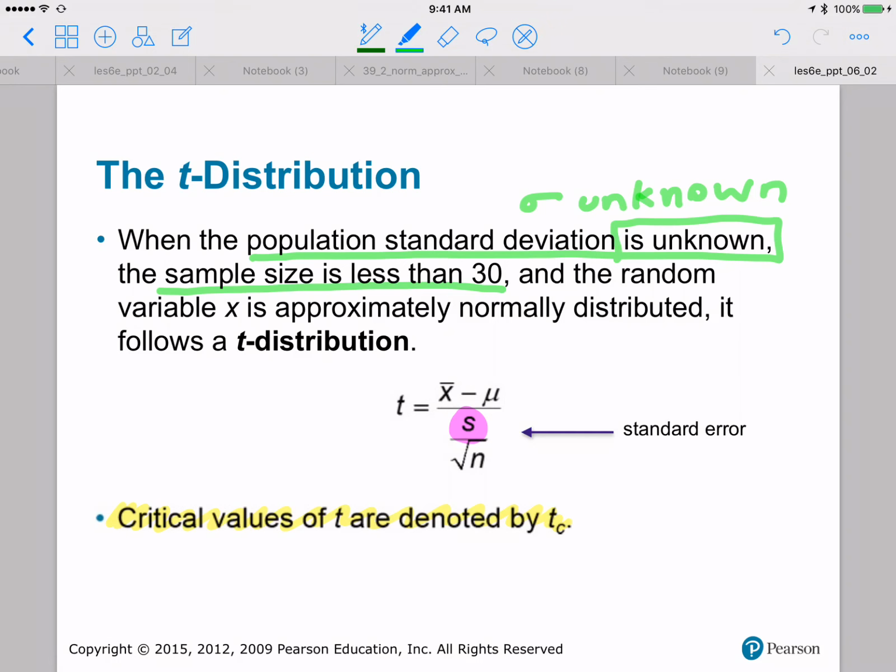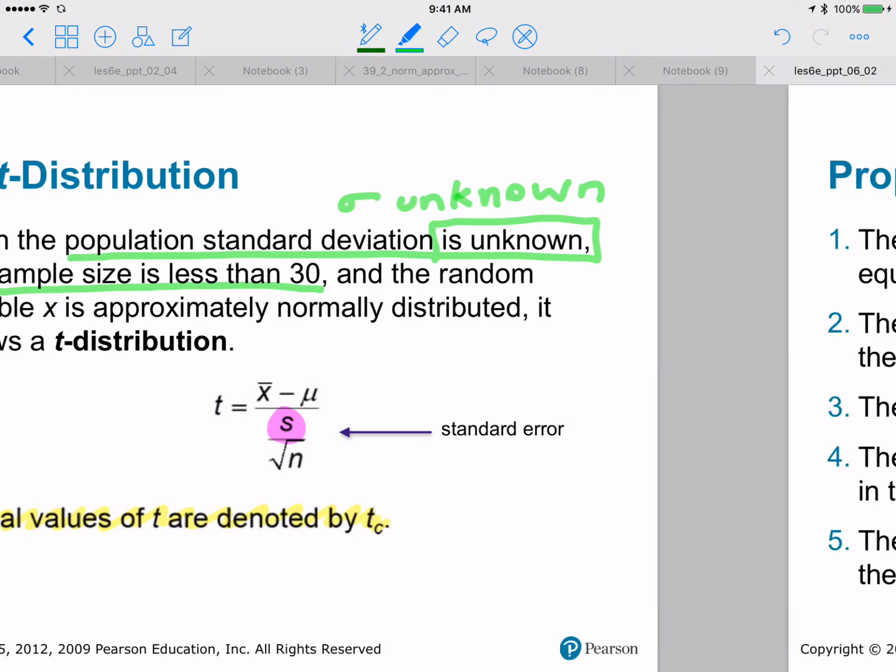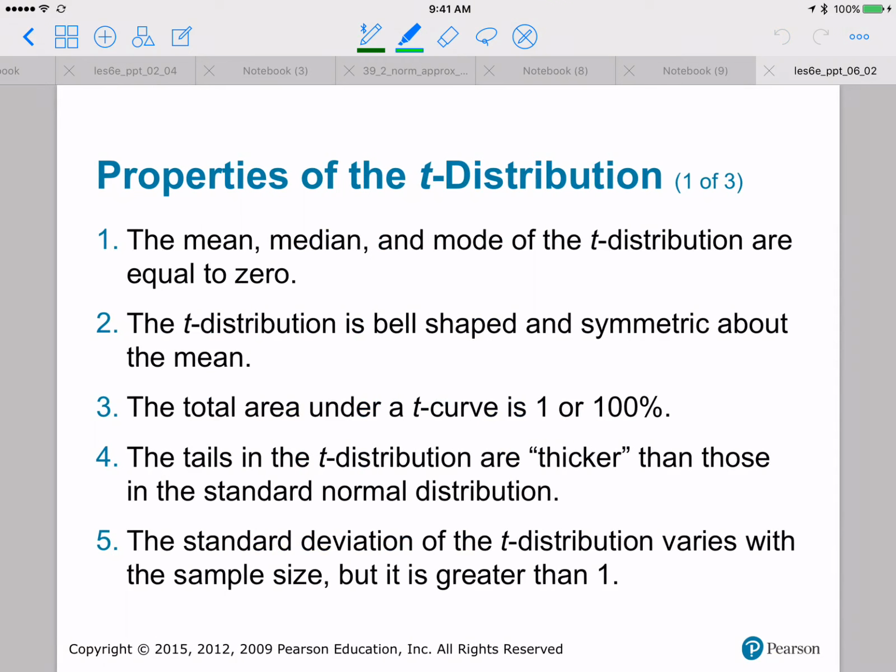Because if the sample size is greater than 30, then the sampling distribution is normally approximated. Okay, so let's look at some more properties of the t-distribution.